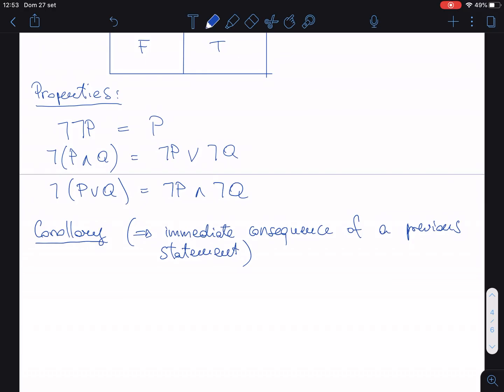We have, if you consider not P and not Q, and you take not of this whole statement in the brackets, you end up with P or Q. Very, very, very simple.